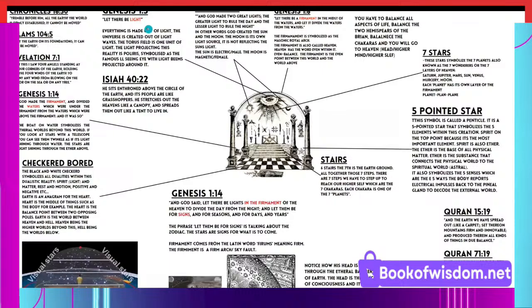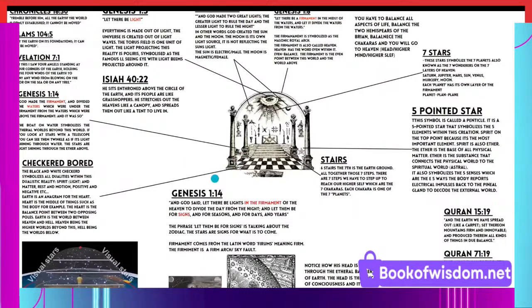The universe is created out of light waves. The torus field is one unit of light. The light projecting this reality is Polaris. Okay, the famous all-seeing eye. Now, what else? After "let there be light," in Genesis 1:16, God made the two great lights. This is the sun and the moon, electric, magnetic, male and female.